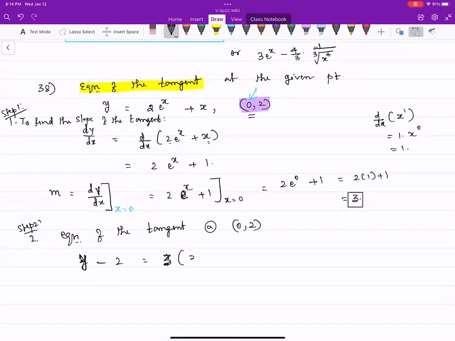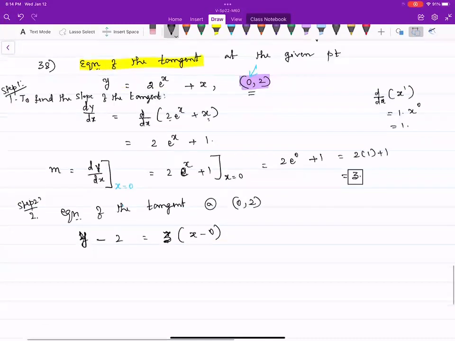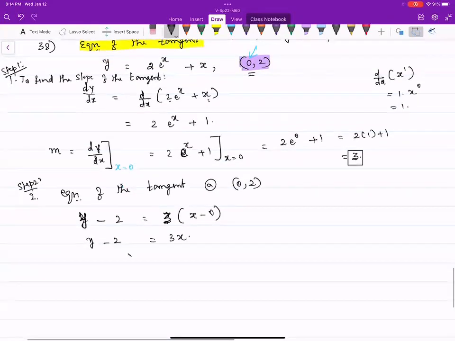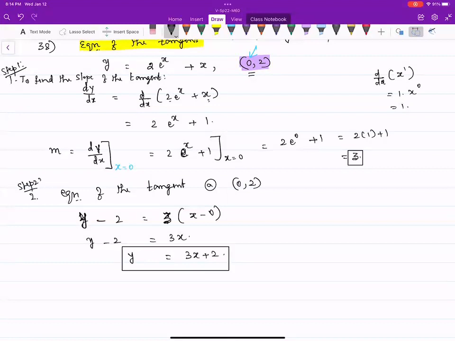So y minus 2 equal to 3x. If you move the 2 to the other side, you get y equal to 3x plus 2. That is the equation of the tangent line.